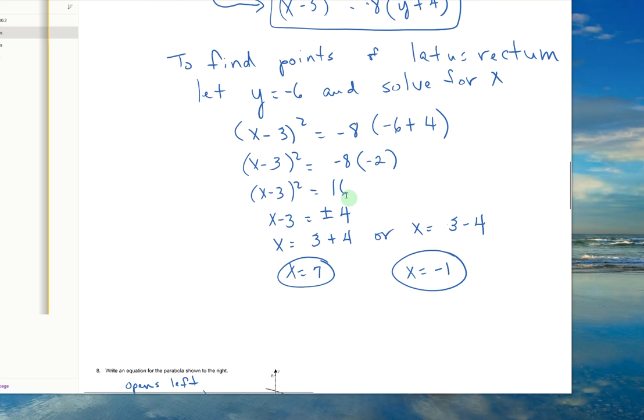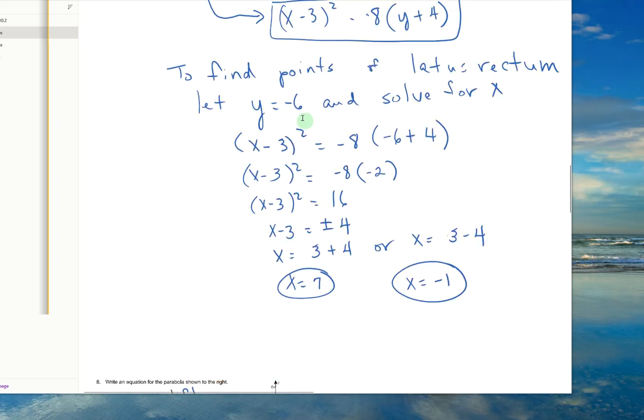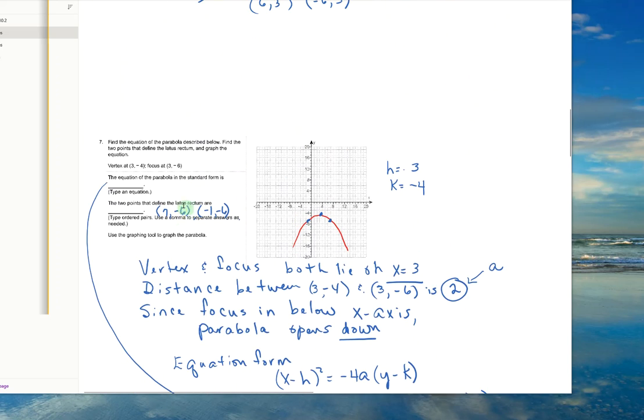So now I've got this equation and I can take the square root of both sides. Over here I get x minus 3, over here I have plus or minus 4. So I have two things: x is 3 plus 4 or x is 3 minus 4. So those are my two x values that go with y equals negative 6. And that's what goes right here: (7, -6) and (-1, -6).